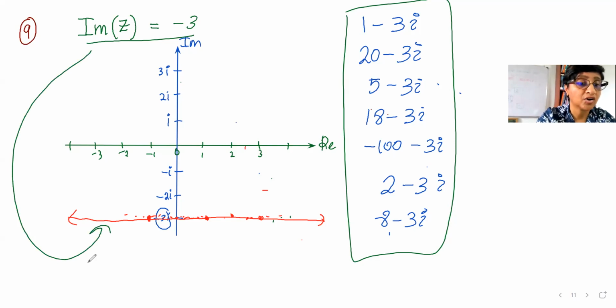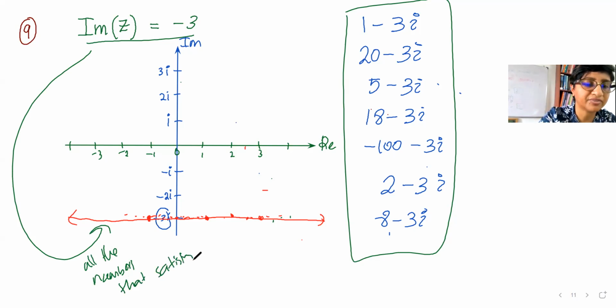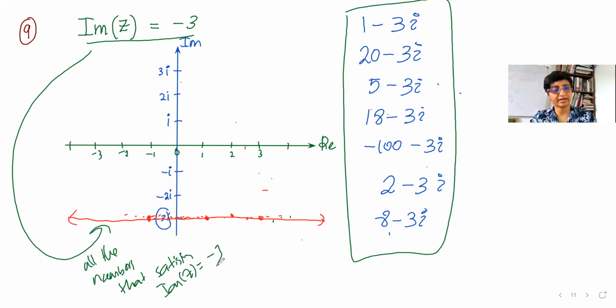These are all the numbers that satisfy this condition. What is the condition? Their imaginary part must be -3. Please write that there, just to emphasize.